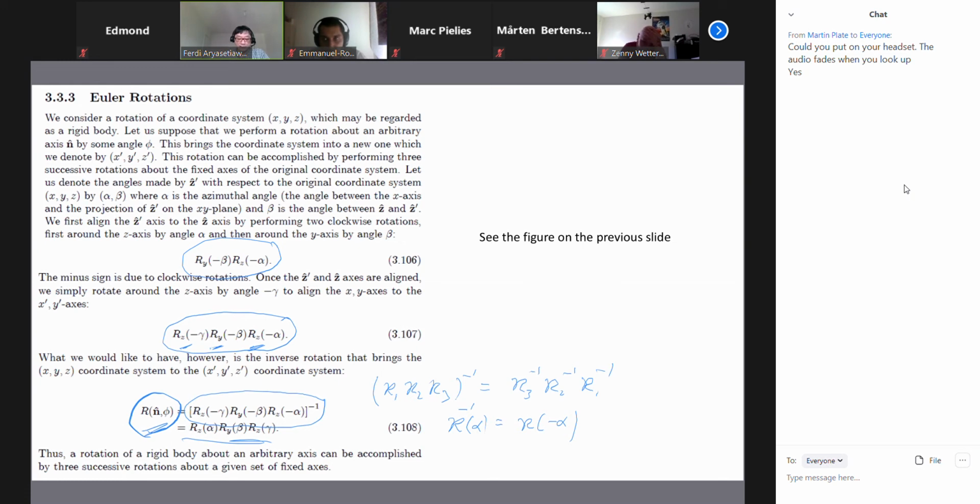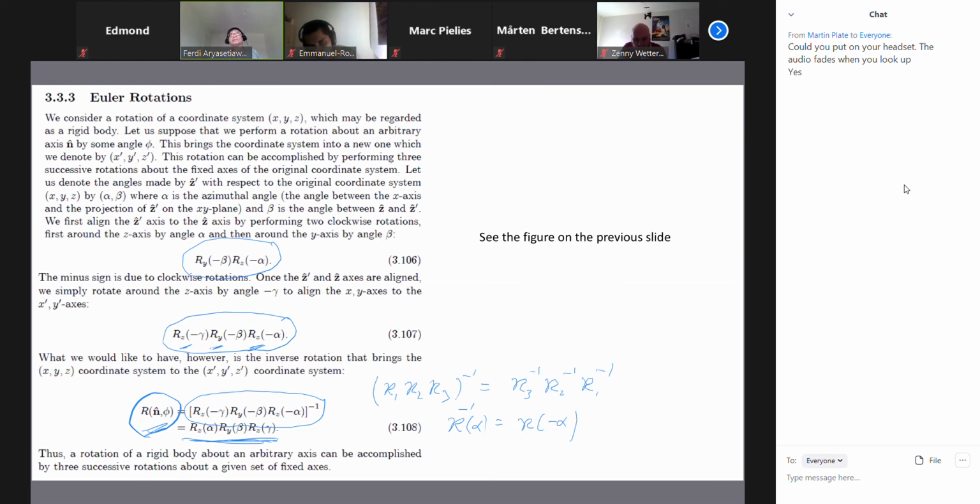So any arbitrary rotation, when represented as three successive rotations about z, y, and then z again, all we have to worry about is the rotation about the y-axis. Because the rotation about the z-axis is easy to perform, because the basis vectors are chosen to be along the z-axis. This is the usefulness of the Euler rotation.